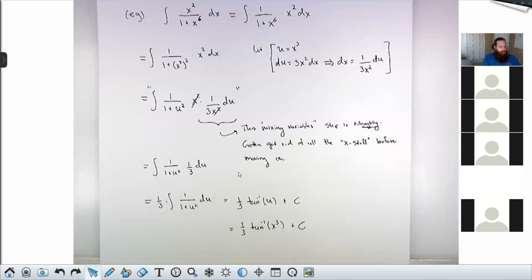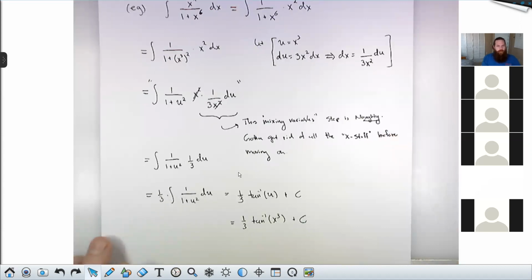An important comment. You can always check your work with an integral. You can always differentiate this thing and see if you get the thing you started with. If you're ever unsure, oh, did I mess up somewhere in there? Is this not okay? You can always check by differentiating.